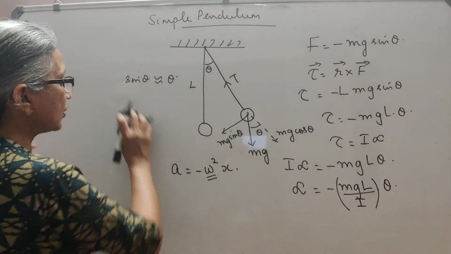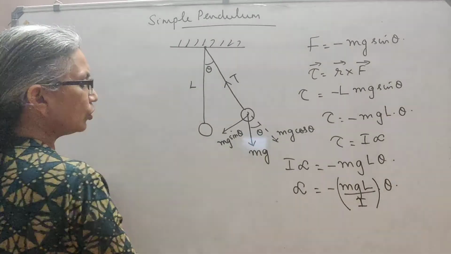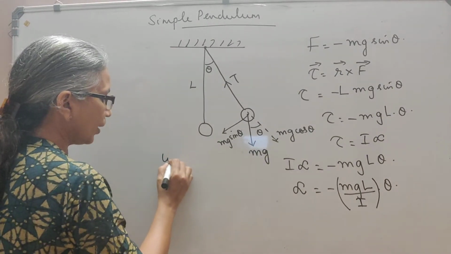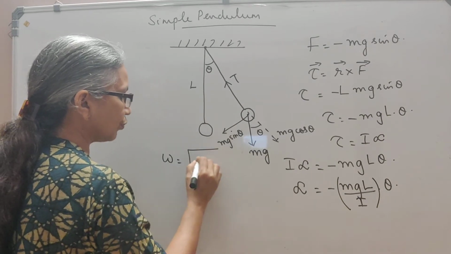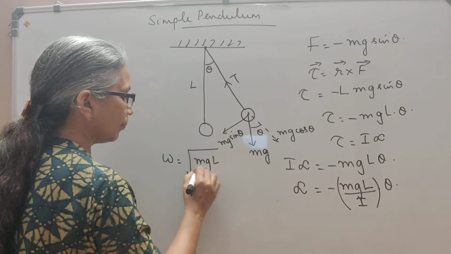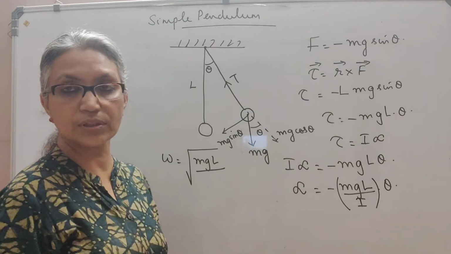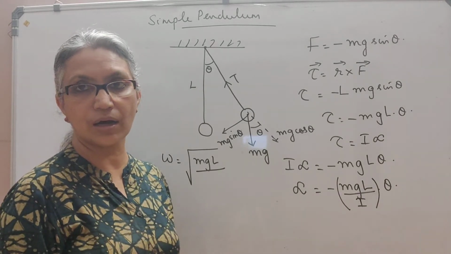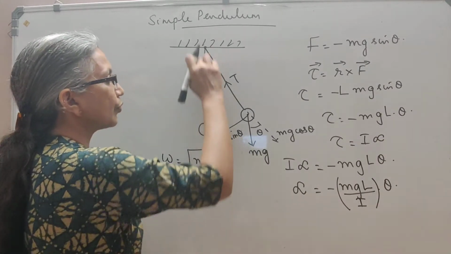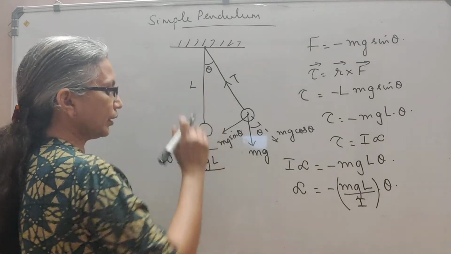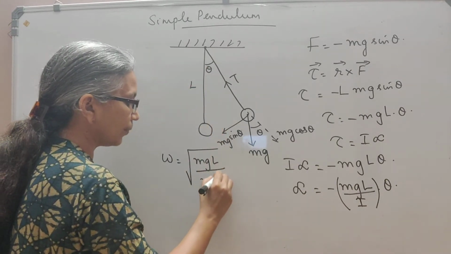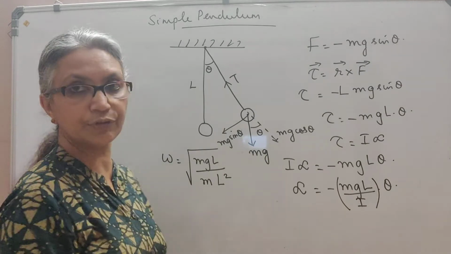So you may compare this and write that omega is equal to root of mgl by I, where I is the moment of inertia, which you know is mr square, r being the distance from the axis of rotation, which is L here. So I may write ml square for the moment of inertia.